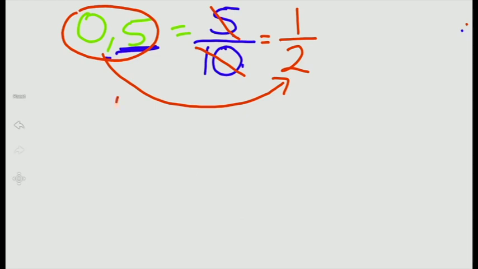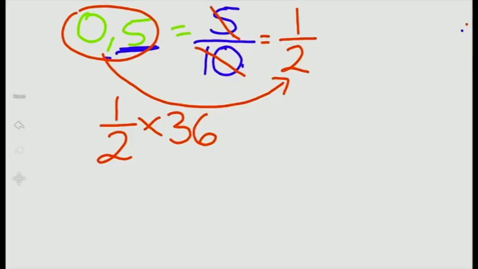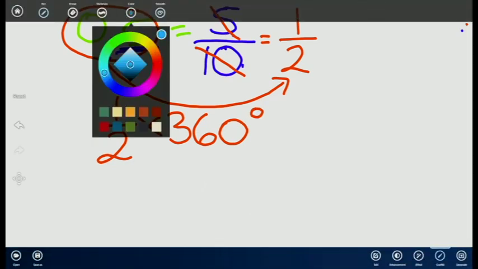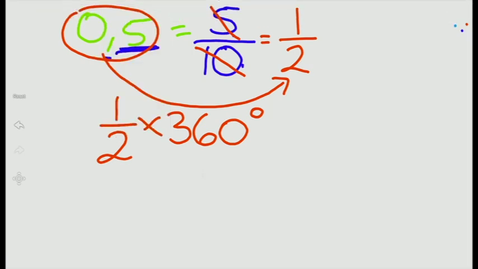So in this case, we've got 0.5 as 1/2, multiplied by the total sector size of a circle, or the full revolution, which is 360 degrees.